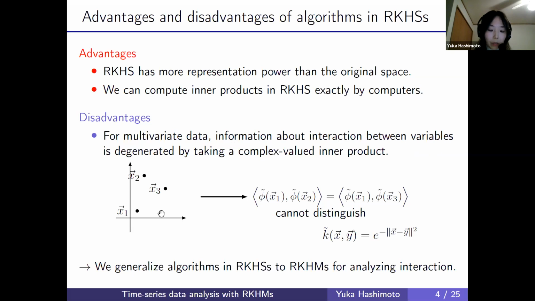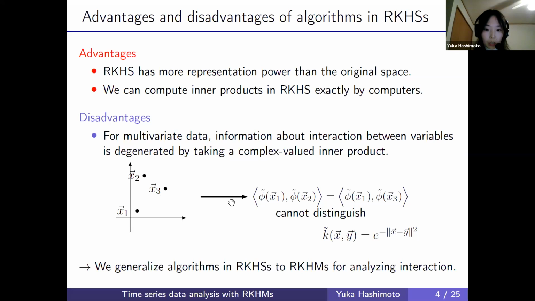For example, we consider these three two-dimensional vectors x1, x2, and x3. The first element of x1 and the first element of x2 are very close. But the first element of x1 and the first element of x3 are not so close. But the distance between vectors x1 and x2 and the distance between x1 and x3 are the same.